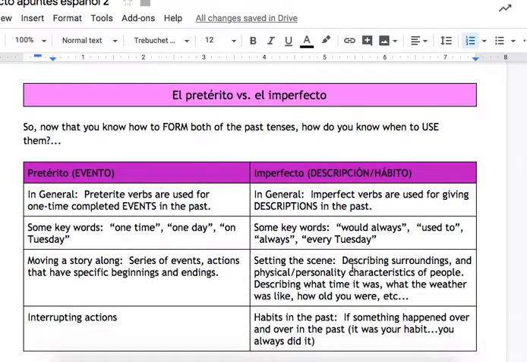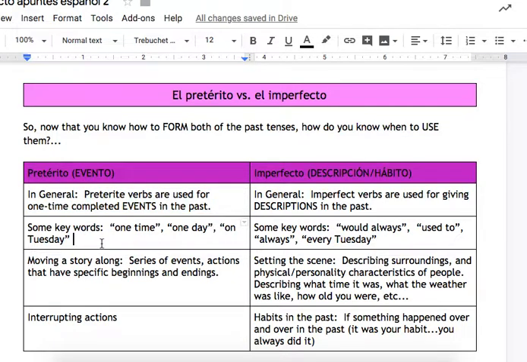And here's just a little chart on preterite versus imperfect. Now that we know how to form both, do we know when to use them? We've kind of talked about this a little bit already. Preterite, which was our other packet, in general is used for one-time completed events in the past.